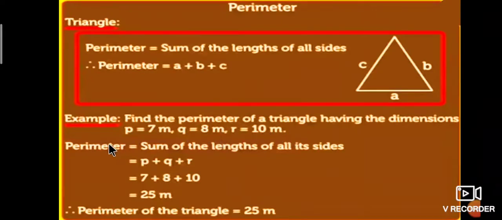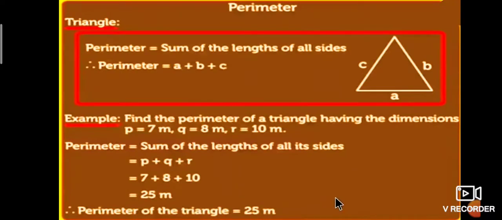Therefore, the perimeter of a triangle is equal to the sum of the lengths of all its sides, that is P plus Q plus R, equal to 7 plus 8 plus 10. 7 plus 8 is 15, 15 plus 10 is 25 meter.